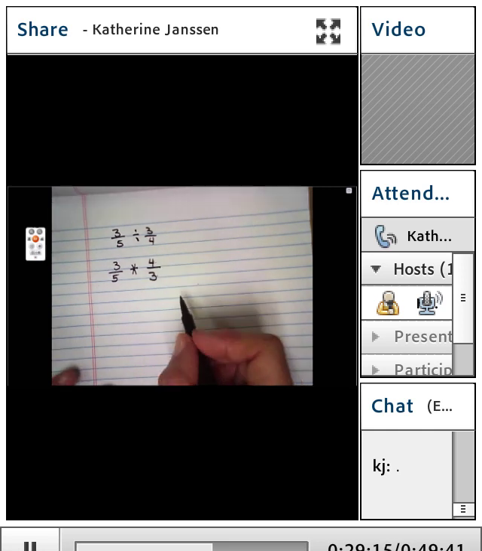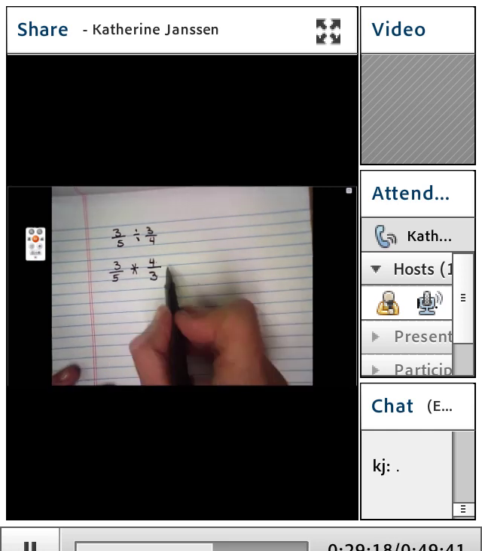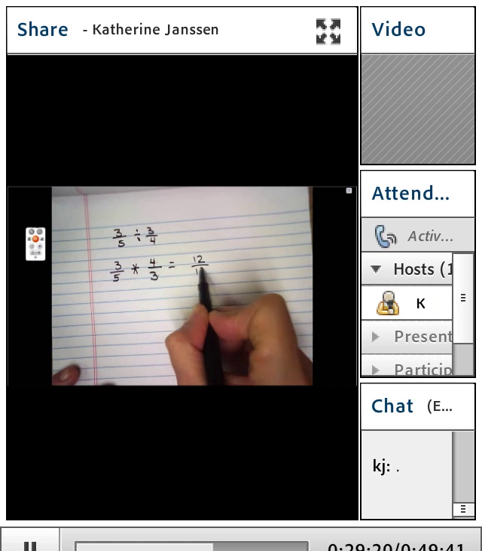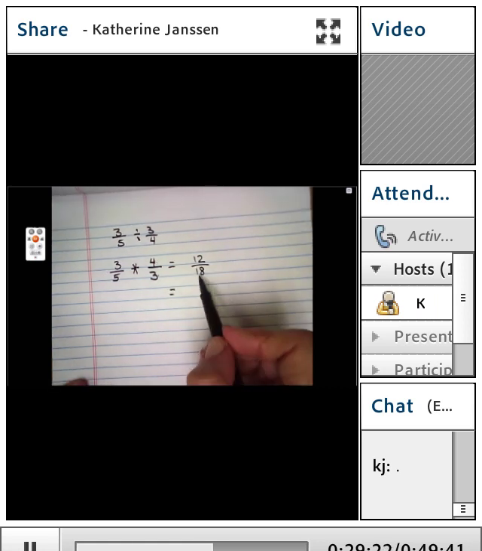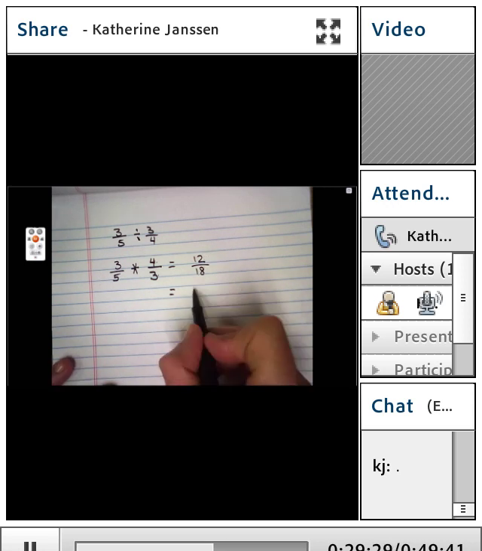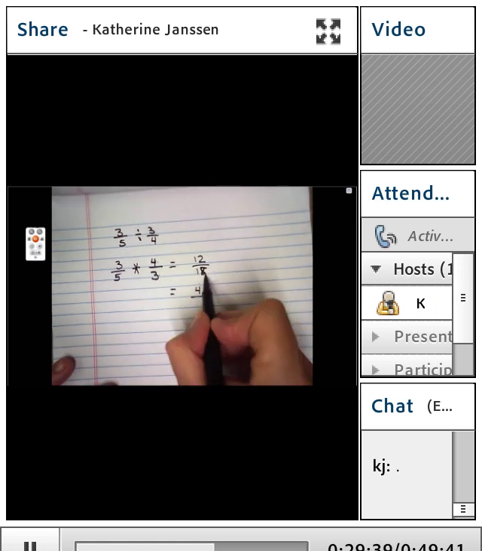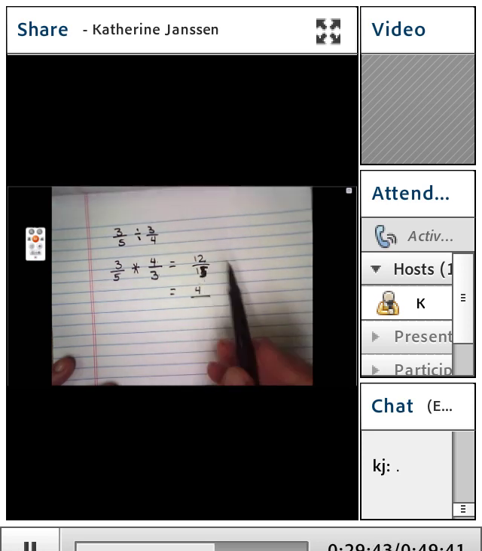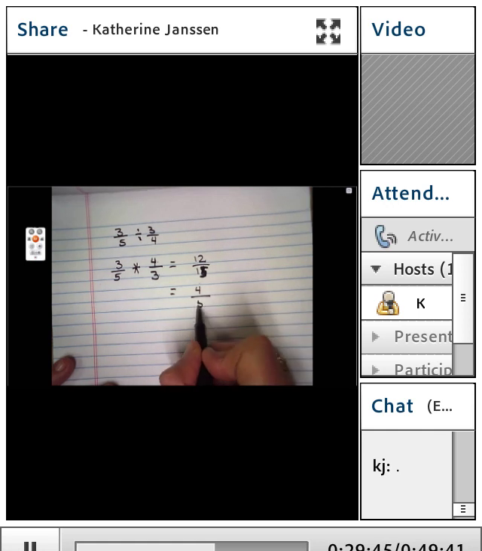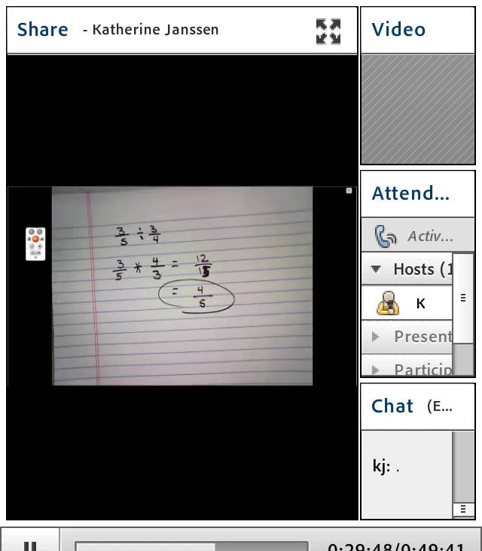Now, multiplication of fractions is a piece of cake. We get 12 over 15. 3 goes into each of those. 3 goes into 12 4 times, and 3 goes into 15 5 times. Our answer is 4/5.